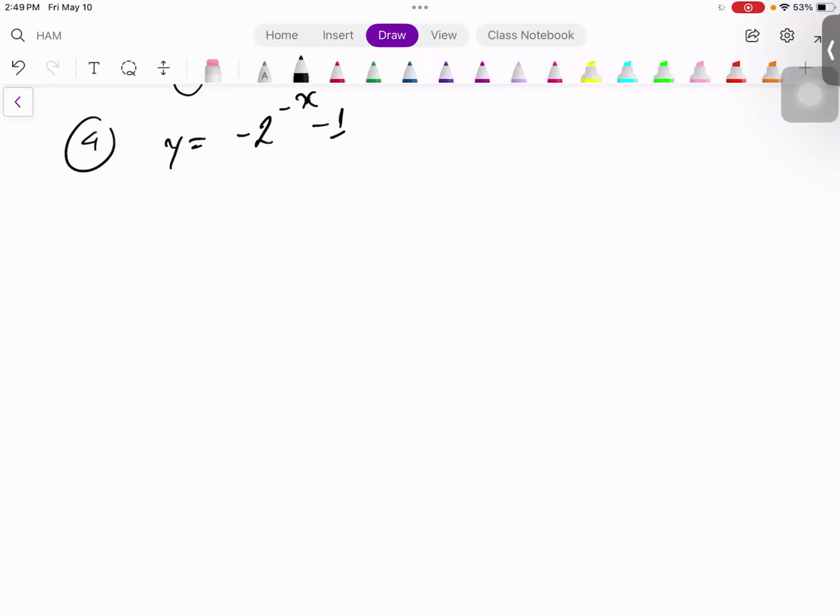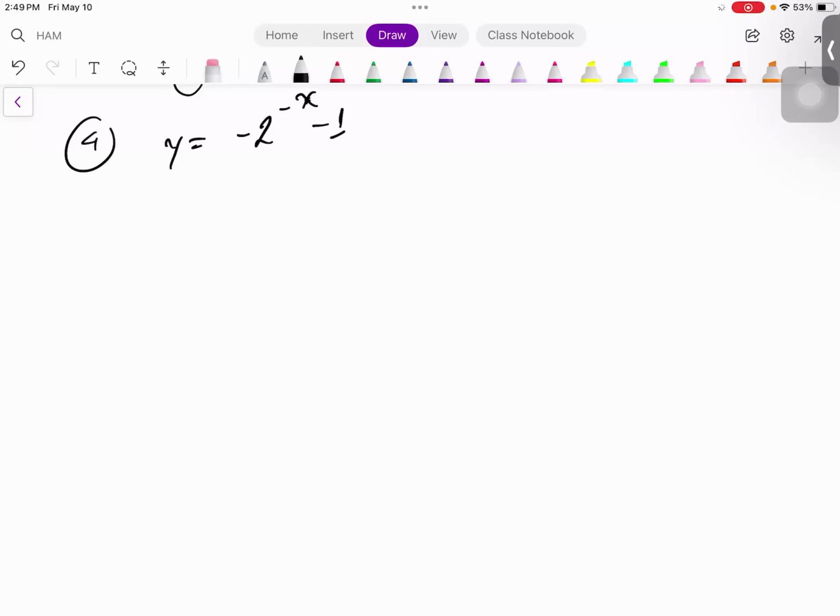I don't know how to do these, but not graphing yet. What is the HA?